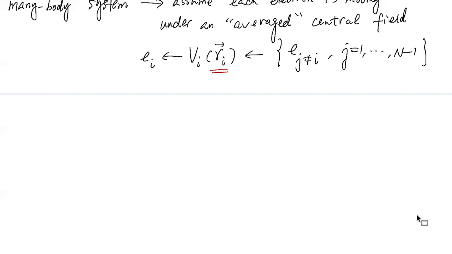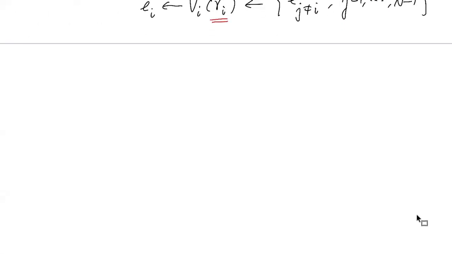I will not talk about the actual procedure in this lecture because we need more knowledge about quantum mechanics. Especially, we need the knowledge of variation in order to do this. But I just tell you that we can do this. And eventually in this course, we will do this.